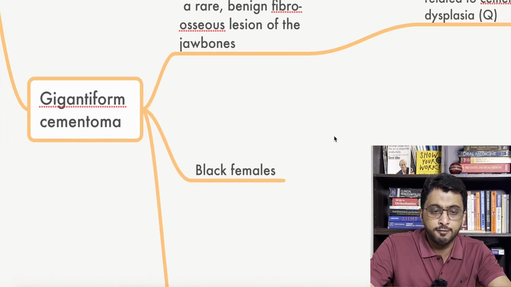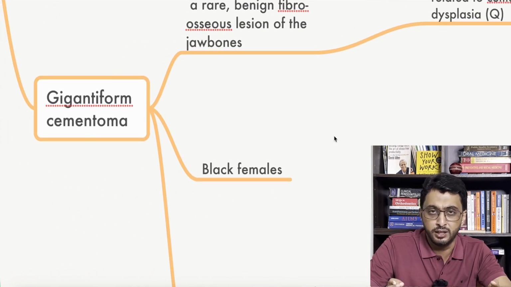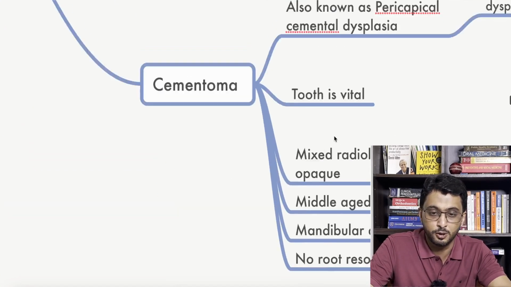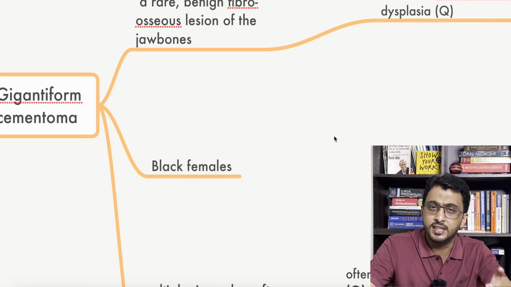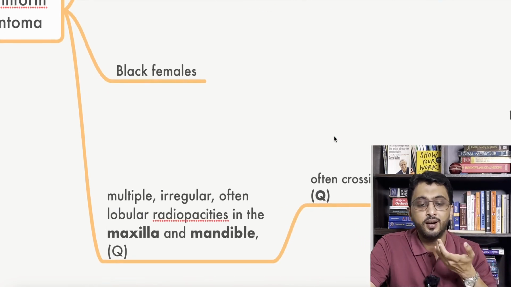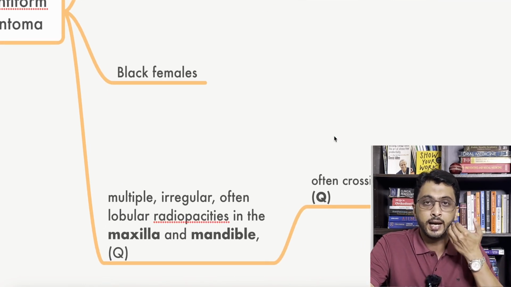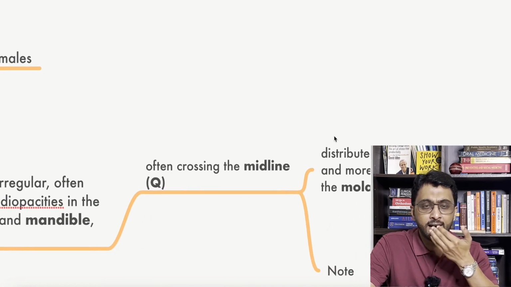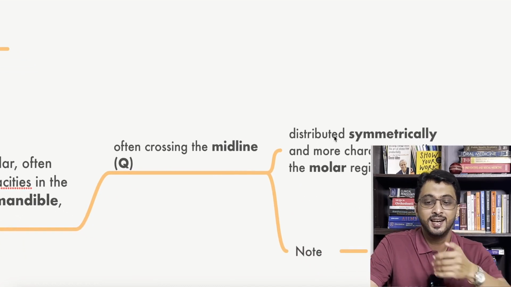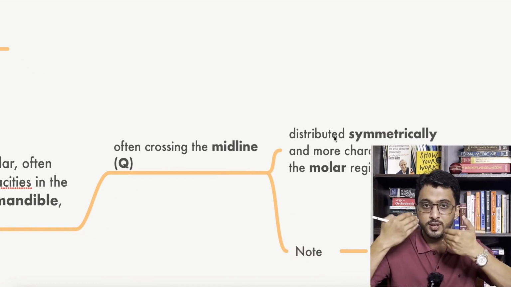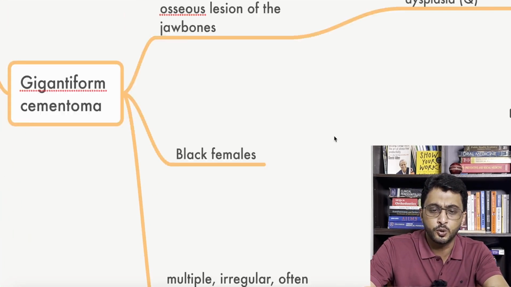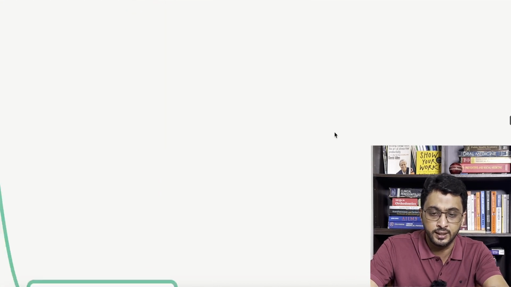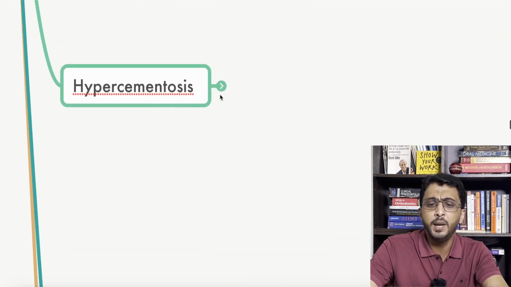Basically, gigantiform cementoma is a cementoma, which is changing its location, more severe, crossing the midline, can go into the maxilla, and get distributed symmetrically. That's the only thing. Now, this is not a very important lesion, just for you to differentiate.